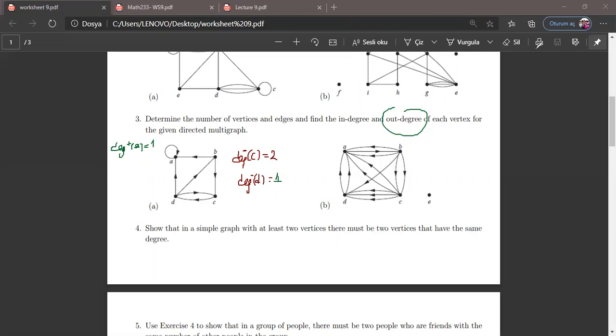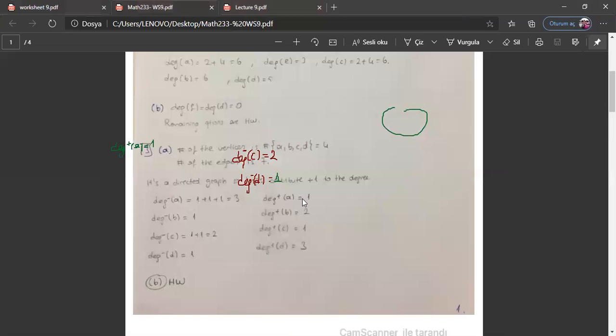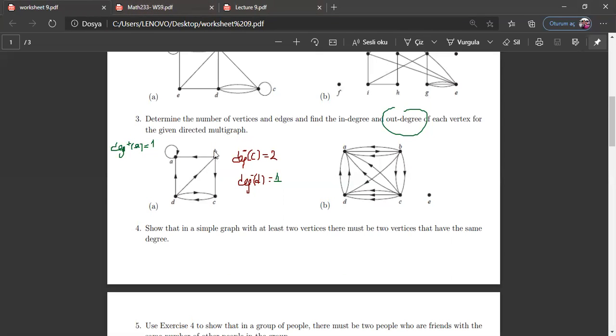So the out degree of A is 1, as in here. Okay. So what about B? There are two edges which start with B, right? So the out degree of B is 2.